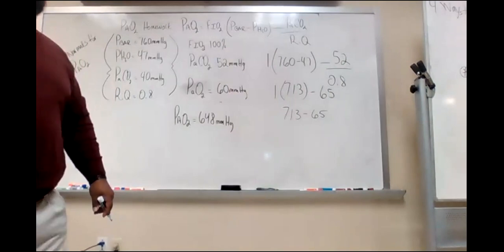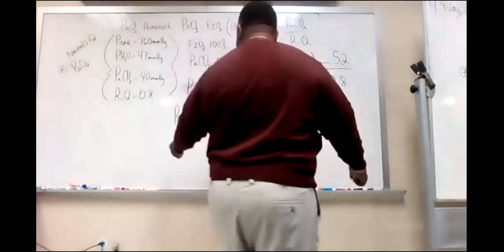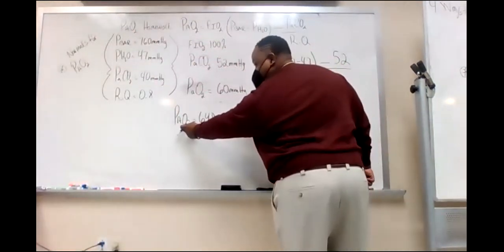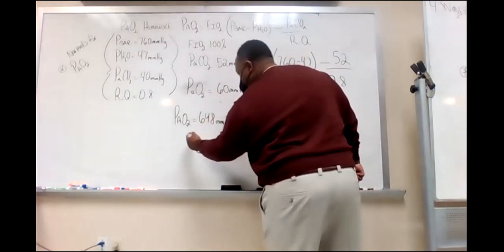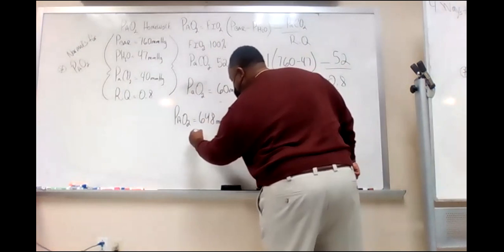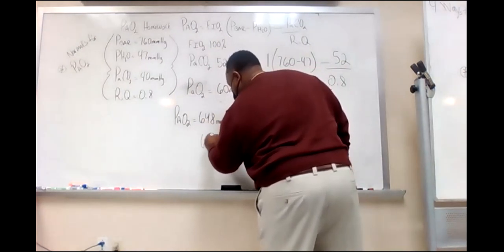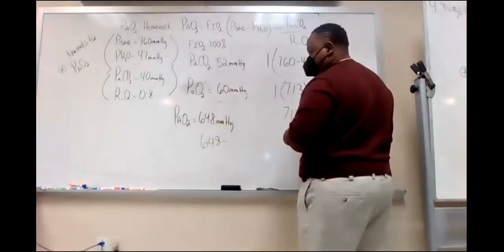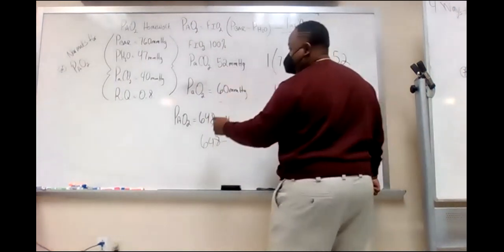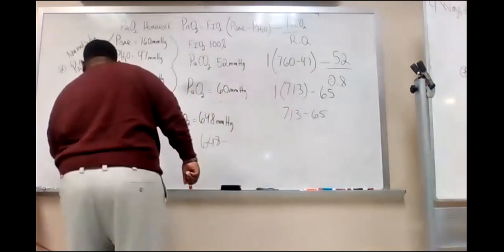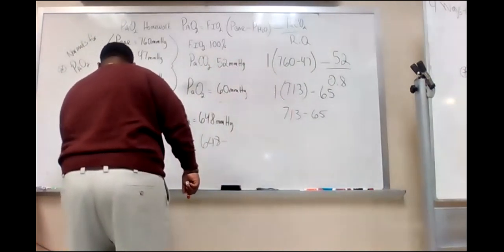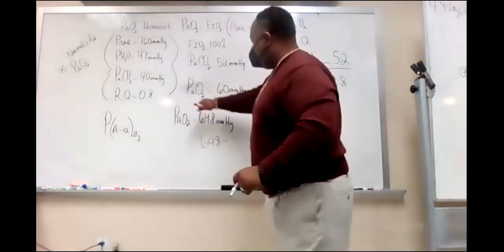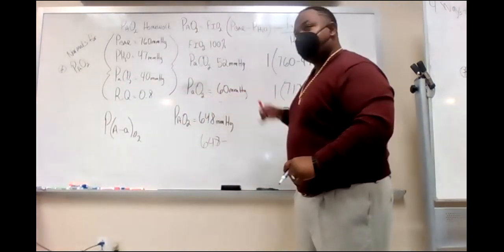Now, the AA gradient: you have to take the big A and subtract the little a from it. So for this one, you would say 648 minus what, Kenya? The AA gradient is P big A minus the little a O2. I gave you a P little a O2 right here.